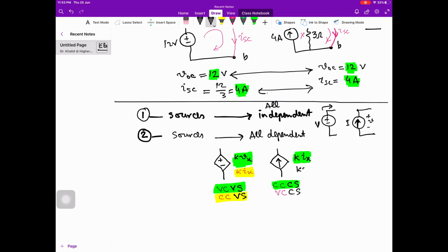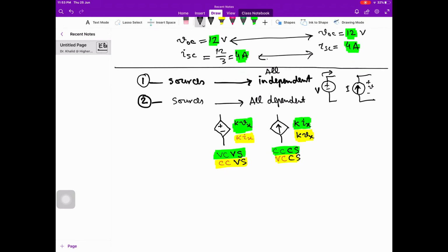We may have K Vx over here. In this case, the control variable is a voltage signal. This is a proportionality constant, and this is a voltage controlled current source. We may have circuits with all sources dependent, voltage source or current source, or both voltage and current sources, and all are dependent.